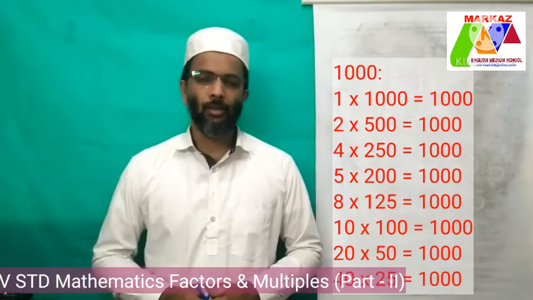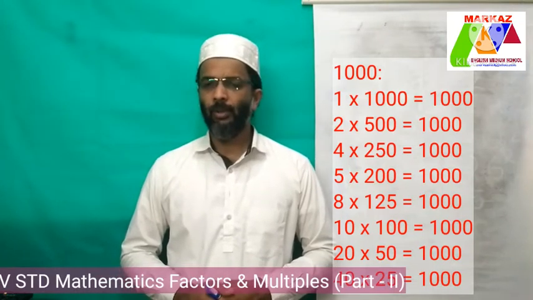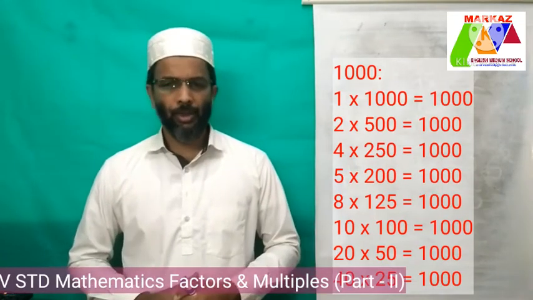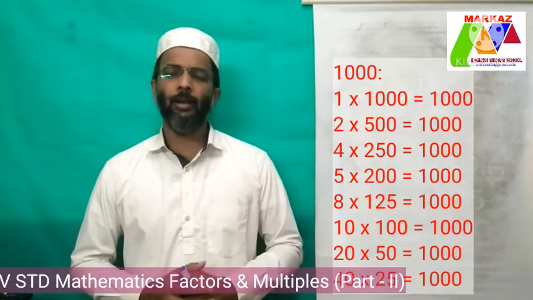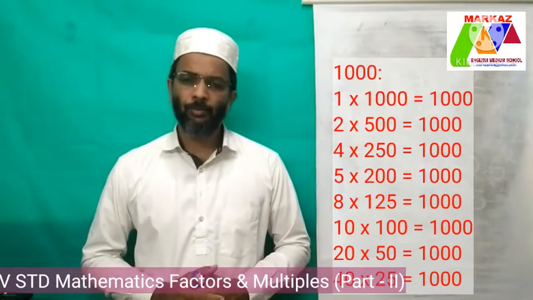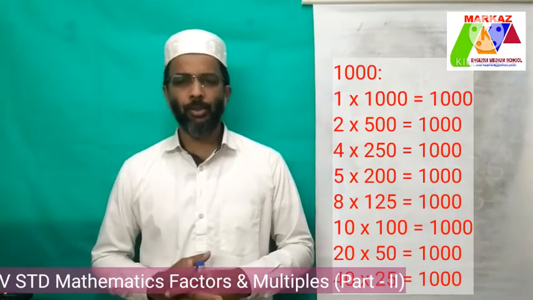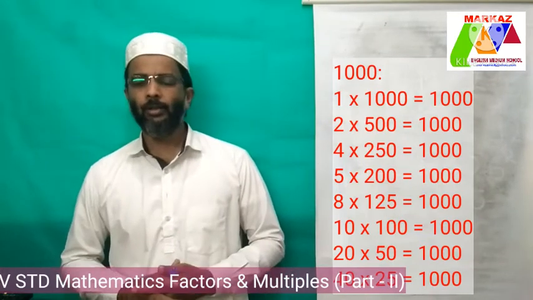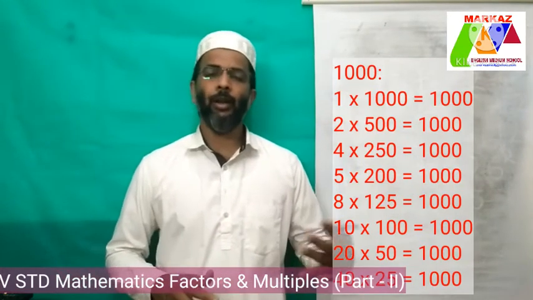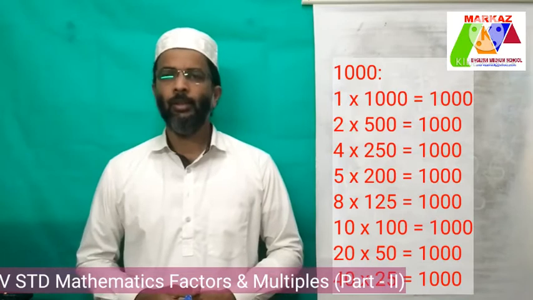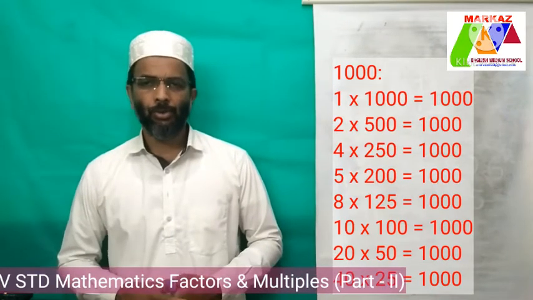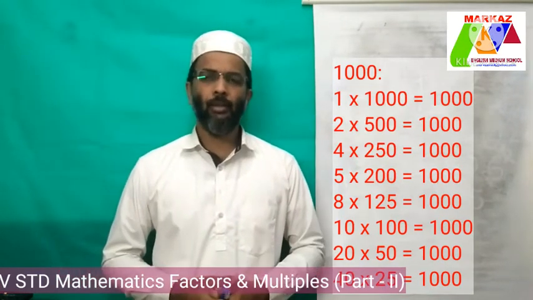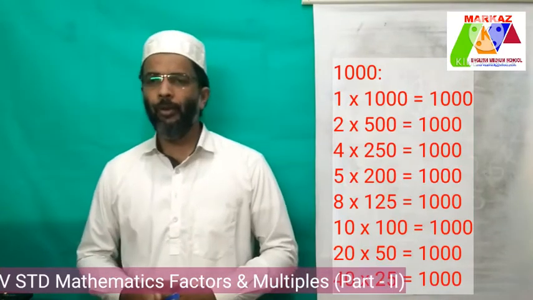Last question, 1000. 1 into 1000, 2 into 500, 4 into 250, 5 into 200, 8 into 125, 10 into 100, 20 into 50, 40 into 25.